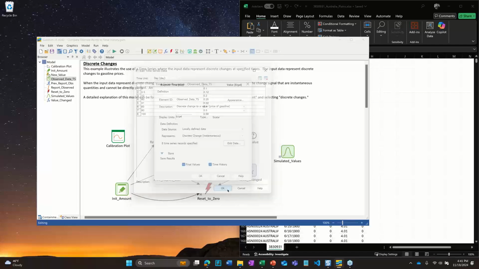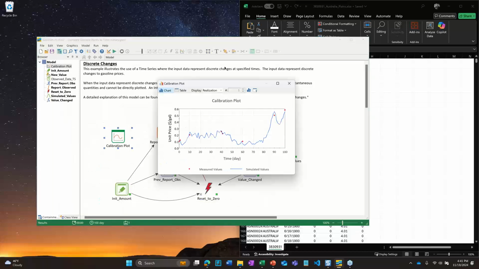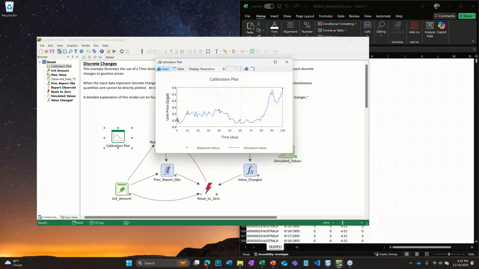So what we want to do is see how those points compare to our model output. That would be useful for something like calibration. So here's a plot that shows those few points at non-regular intervals compared to our regular interval continuous output of our simulation.